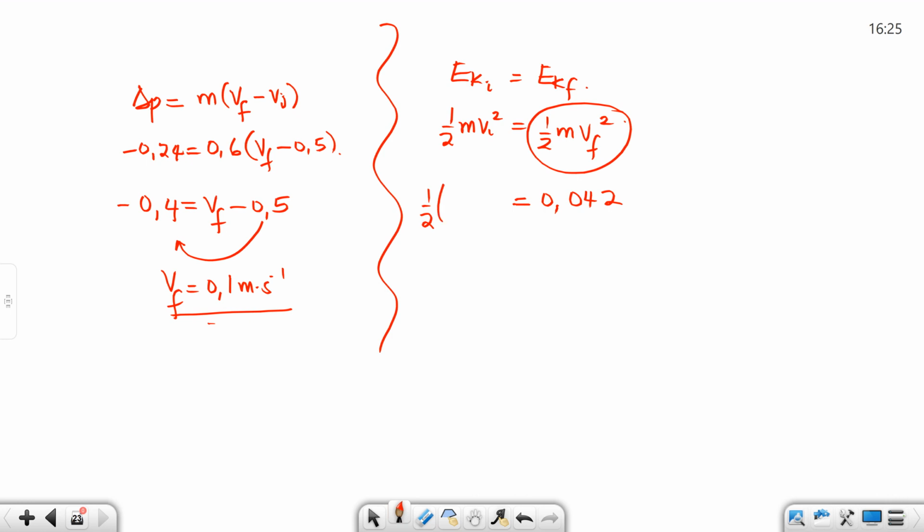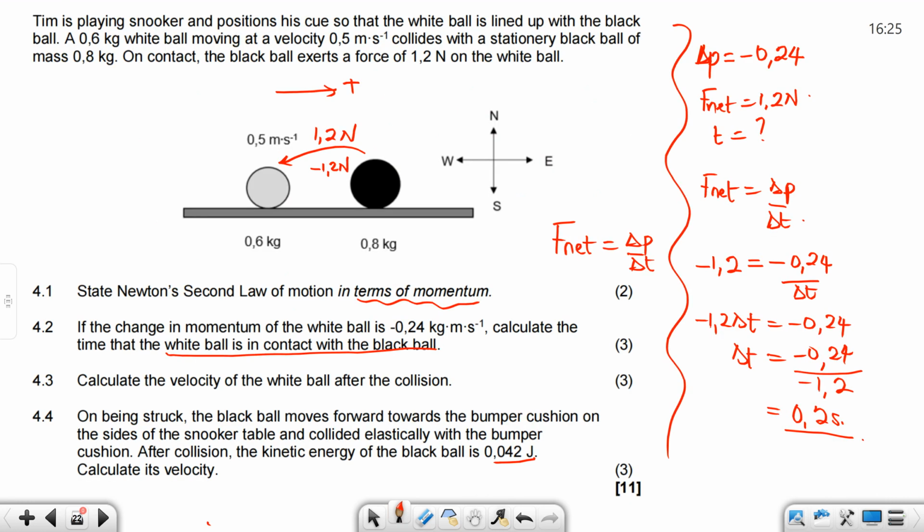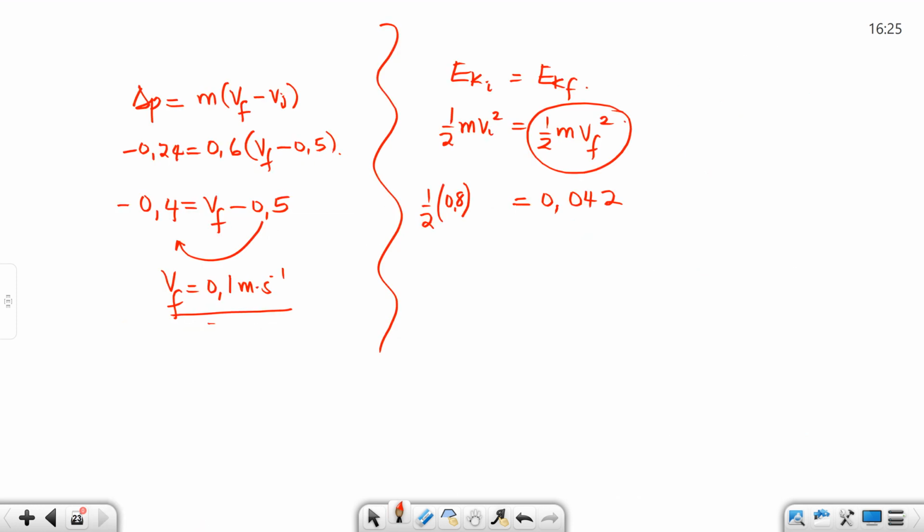And half. What is the mass again? Are you sure which one is 0,6? The white ball is 0,6, but we're dealing with a black ball, which is 0,8. And we are looking for what? Okay, what's your answer here?